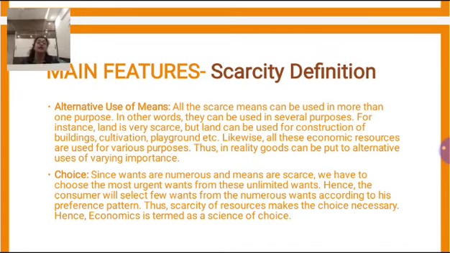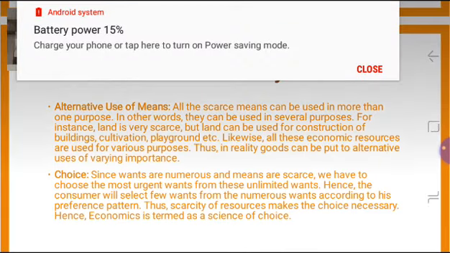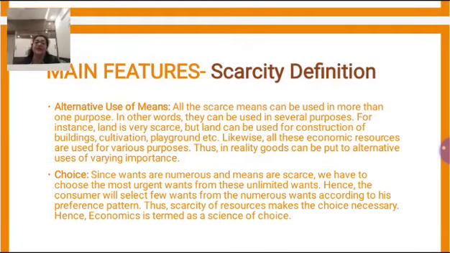We have to see where we can use that resource. So the consumer will select a few wants from the numerous wants according to his preference pattern. The scarcity of resources makes choice necessary. Hence economics is termed a science of choice.